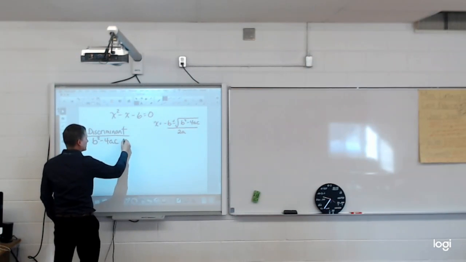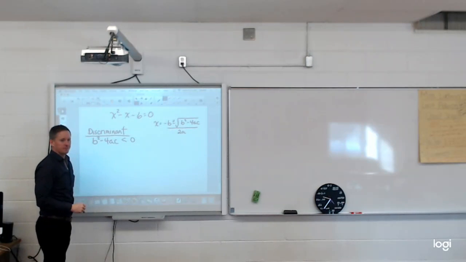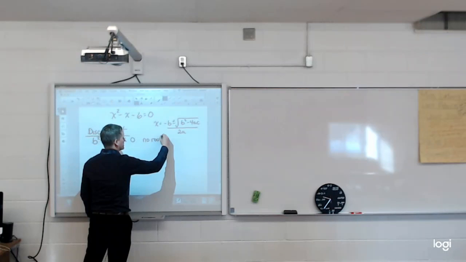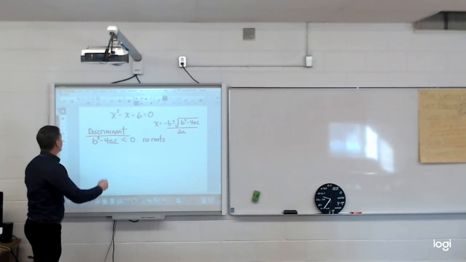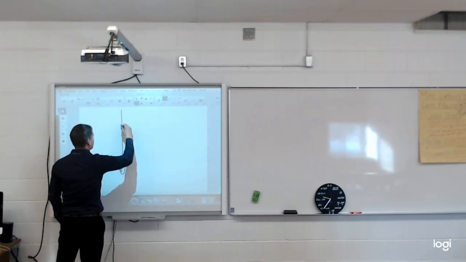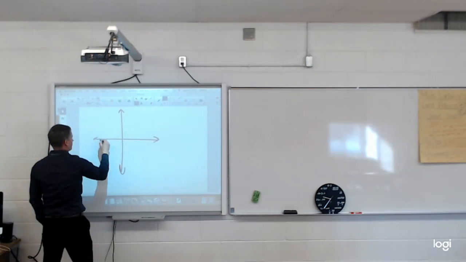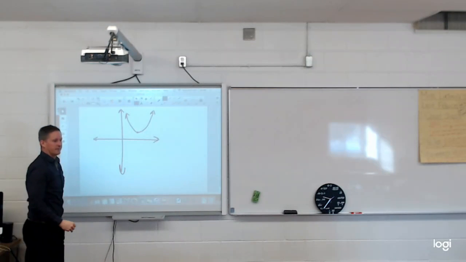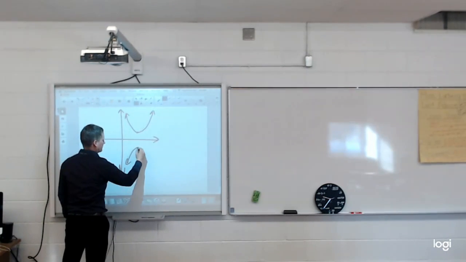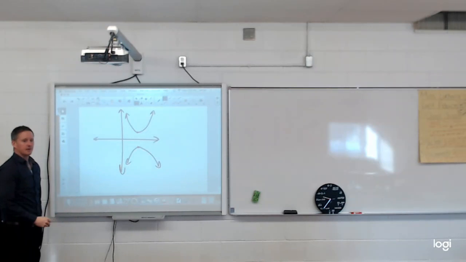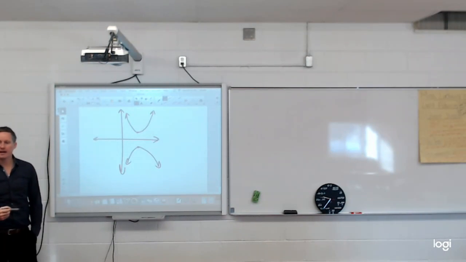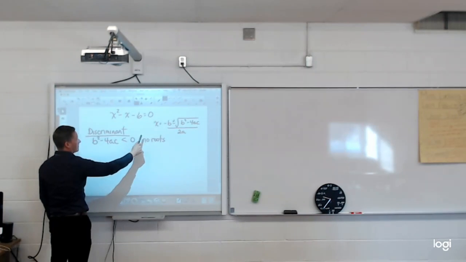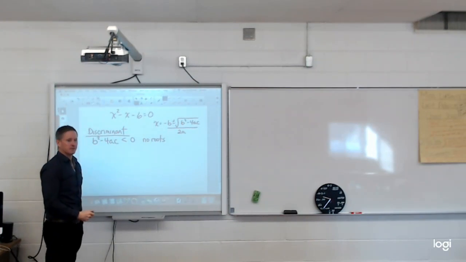So if this discriminant is less than 0, meaning it's a negative number, that means that there are no roots. So when I'm looking at a parabola, that's what it may look like, that or that down there. It doesn't actually cross the x-axis, so there's no roots.